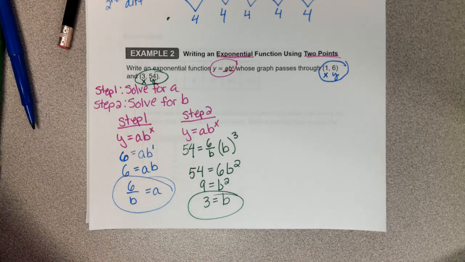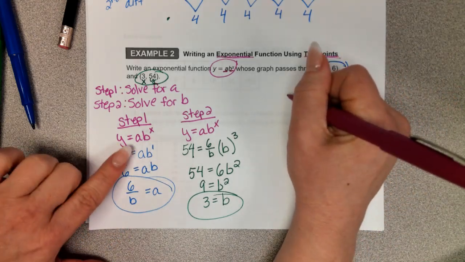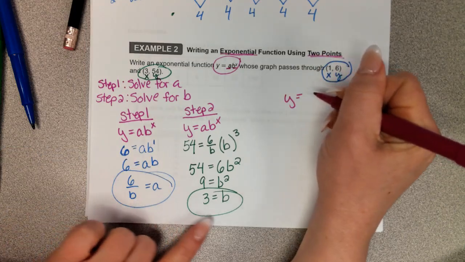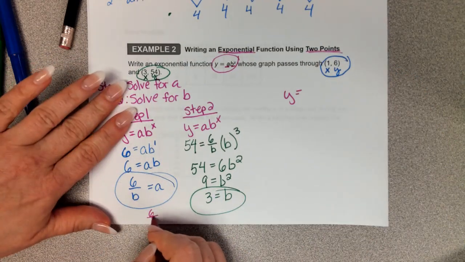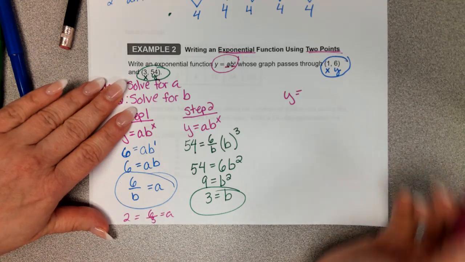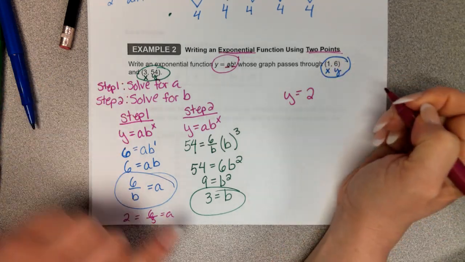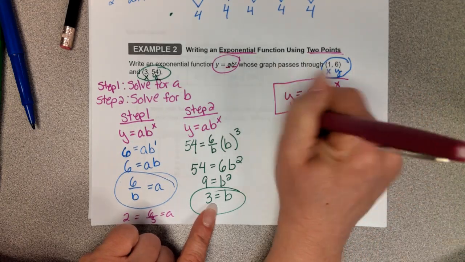So my equation then is going to be y equals a, which, well, if b is 3, then a must be 6 over 3, which is 2. So a is 2, and b is 3, and all of that is to the power of x. So that's my solution.